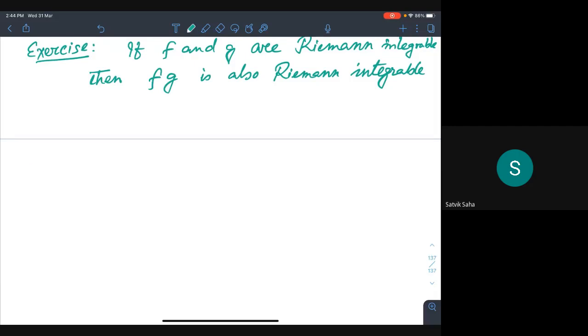The composition of functions. So this is a theorem. This is not in the notes, so I'll upload it.